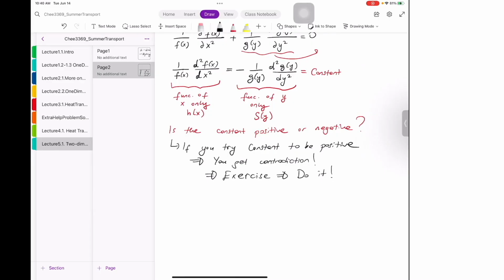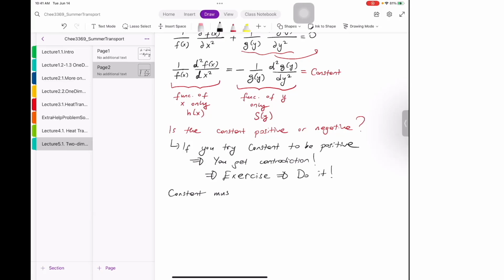So we're going to go with the other possibility. I mean, I can go over the positive case in the maybe homework help or problem solving session if you remind me, okay? And let's say the constant is negative.